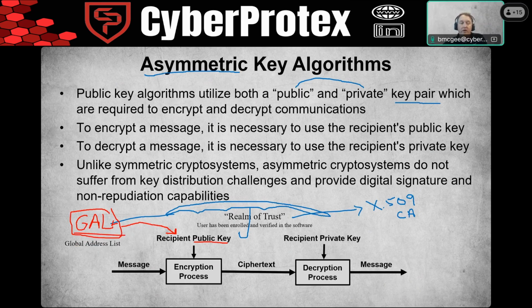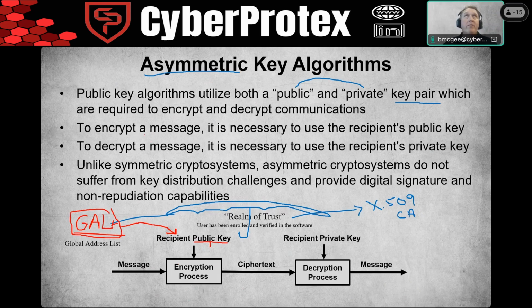In Outlook, when you hit the To button and start filtering by last name or first name, you can find that person in the GAL. That person has been vetted and verified, their claimed identity, and because of that, their public key is available in the GAL.